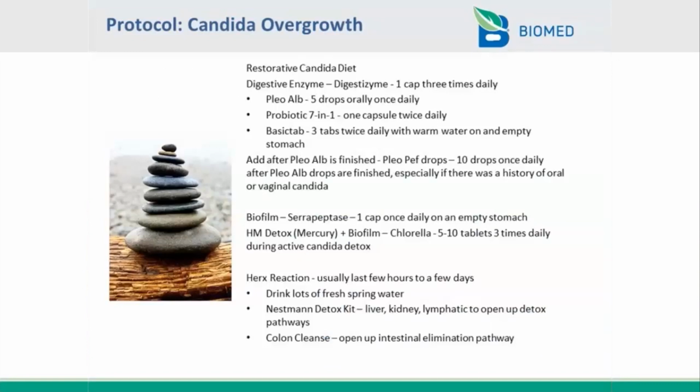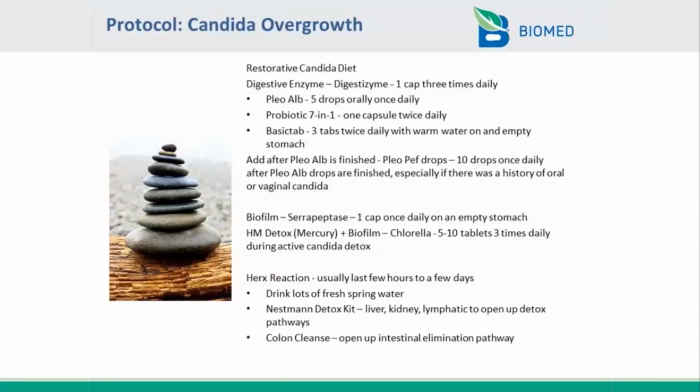Generally, a digestive enzyme to make sure that there's a healthy digestive tract. Also, we've got something called the Candida Fix Kit, and it includes Pleoalb, Probiotic 7-in-1, and Basic Tab. The Pleoalb is downregulating the Candida into its physiological bud form. The Probiotic 7-in-1 is promoting healthy flora, and the Basic Tab is an acid-base rebalancer.